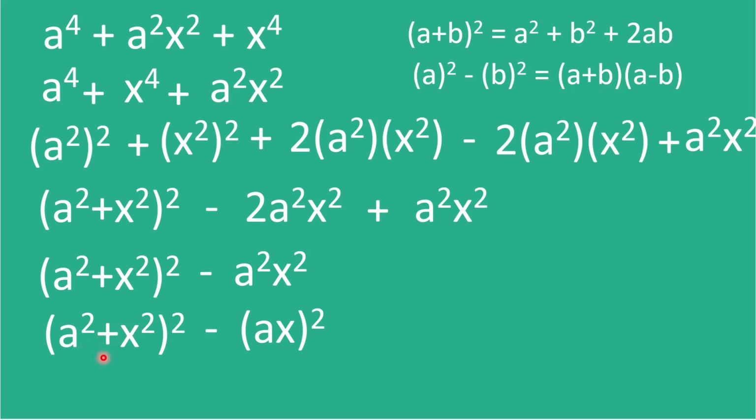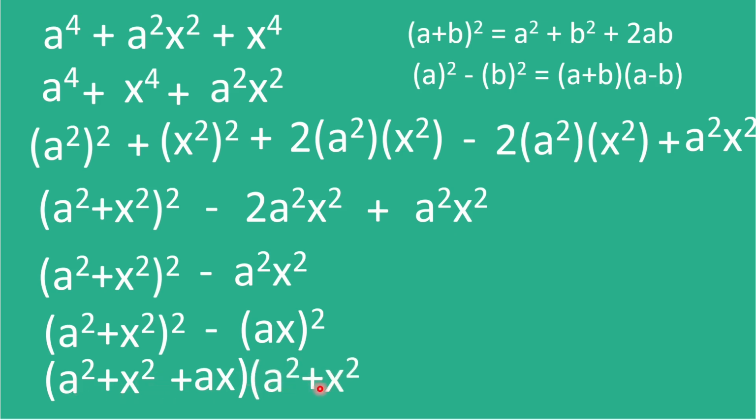So this whole value becomes a square plus x square plus b, and b equal to ax, into a square plus x square minus ax. So this is the solution of this question.